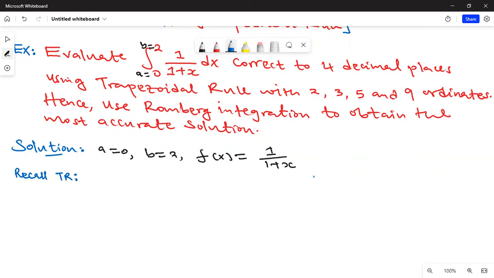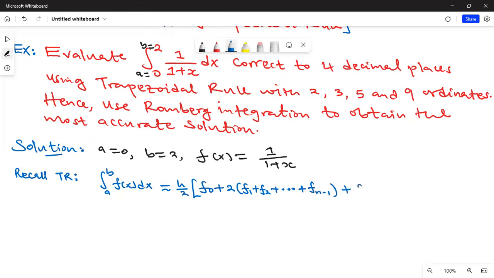The integral from a to b of f of x dx is approximately equal to h over 2 into f0 plus 2 into f1 plus f2 plus so many of them plus fn minus 1, then plus the last one, that is fn.